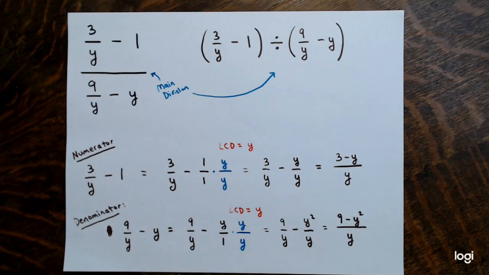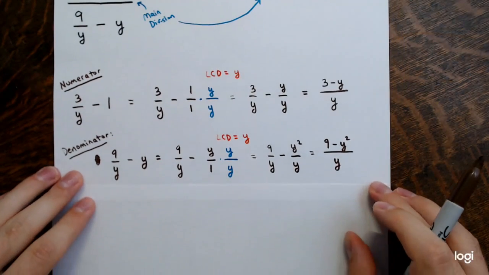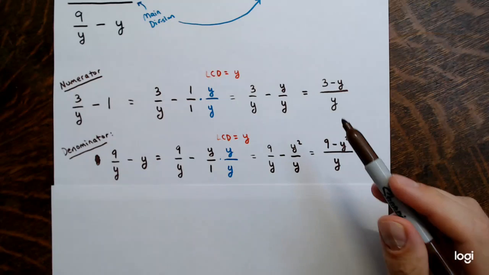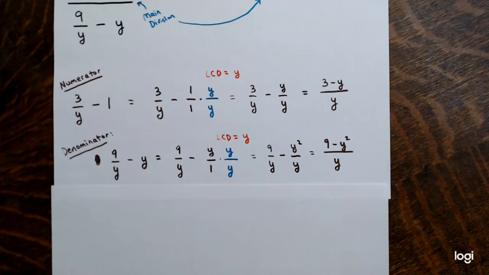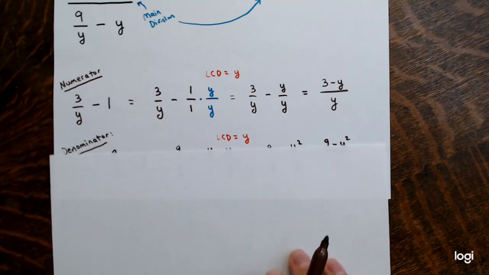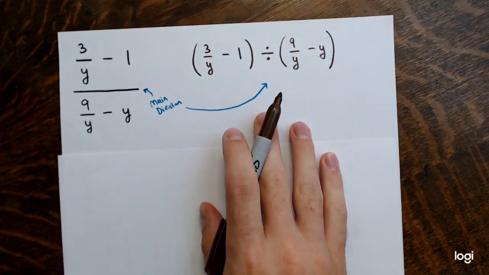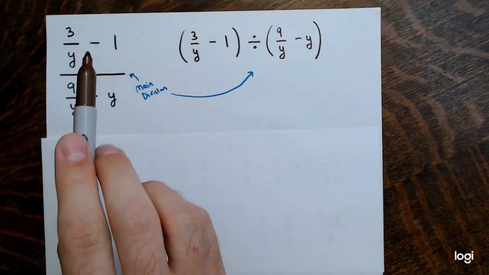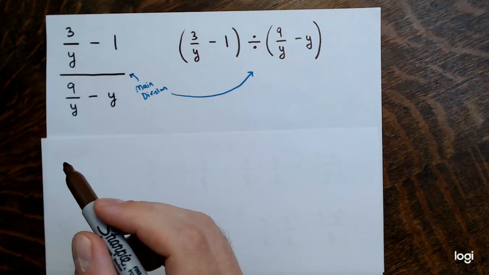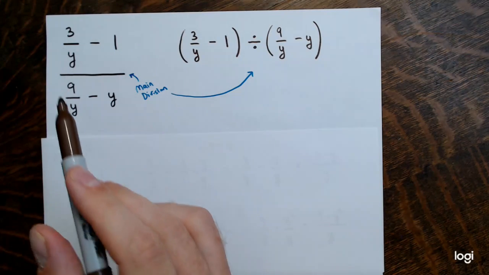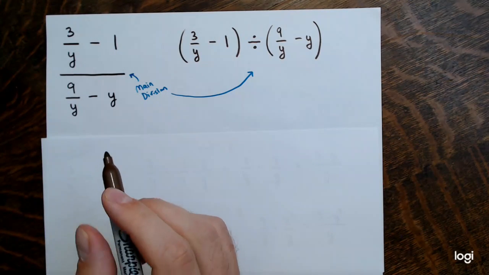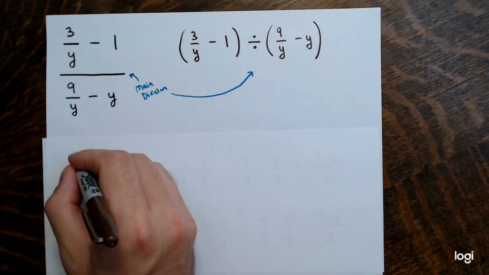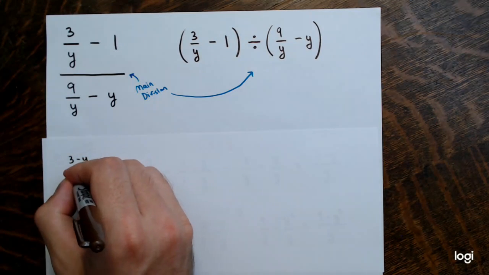Alright, so continuing on the next page, I have my numerator simplified, I have my denominator simplified. Now we can rewrite our original problem. So we have here, the 3 over y minus 1 was 3 minus y over y.